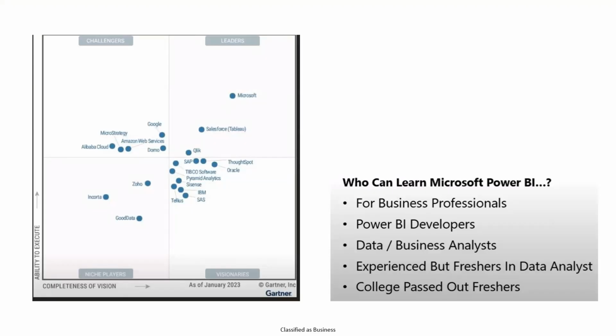They release this every year in all segments, not only the BI ecosystem, saying who is the leader as per market observations and trends, who the new players are, whether there are challengers, or visionary, futuristic tools. They release this Magic Quadrant.